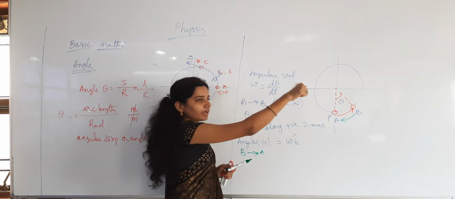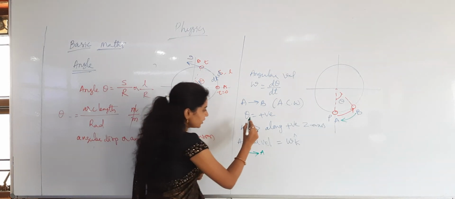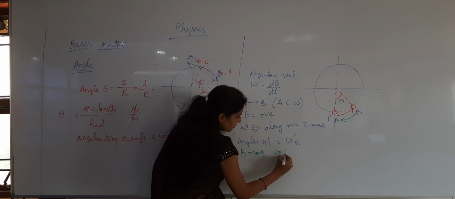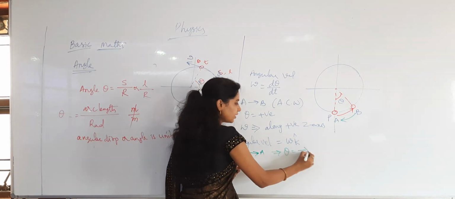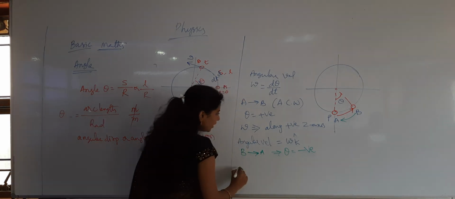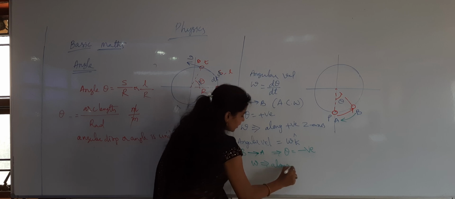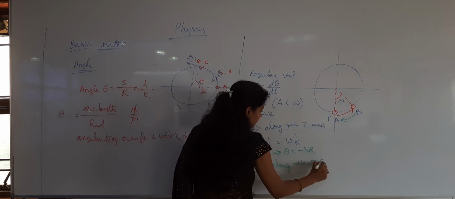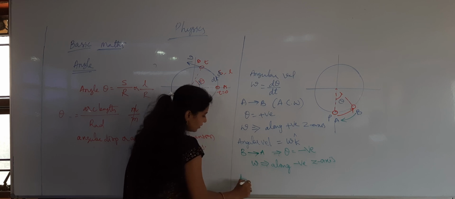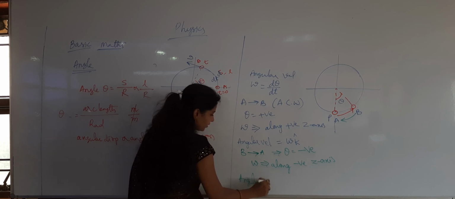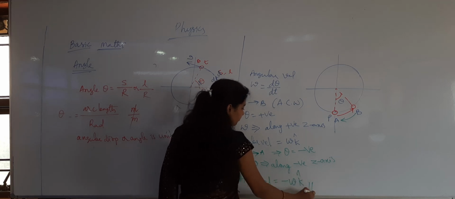So the angular velocity is in the negative z-axis. Theta is negative, and the angular velocity omega is along the negative z-axis. So the angular velocity is minus omega k cap.